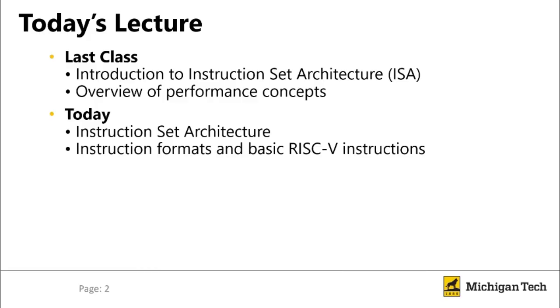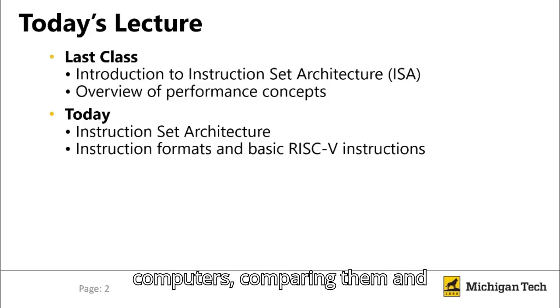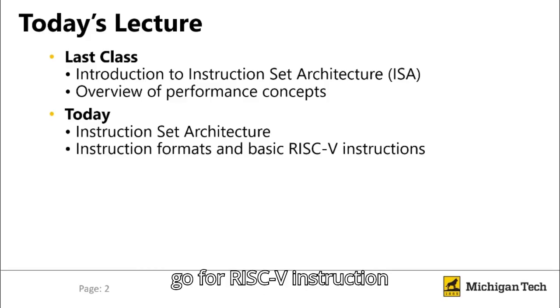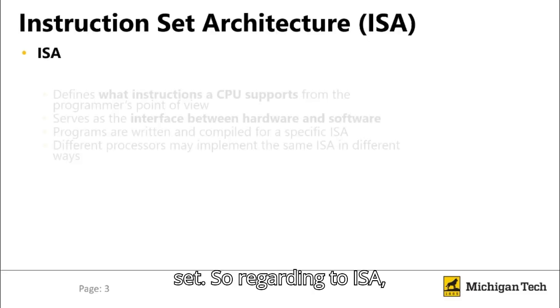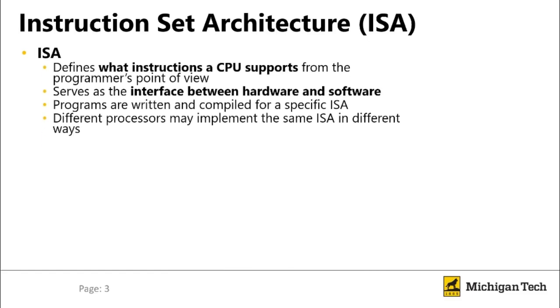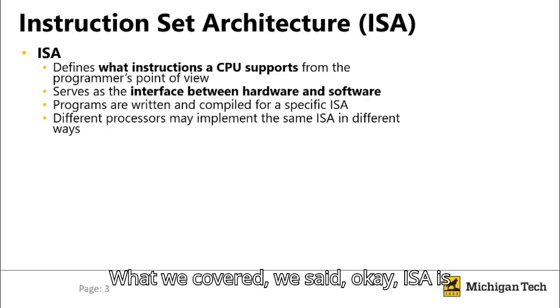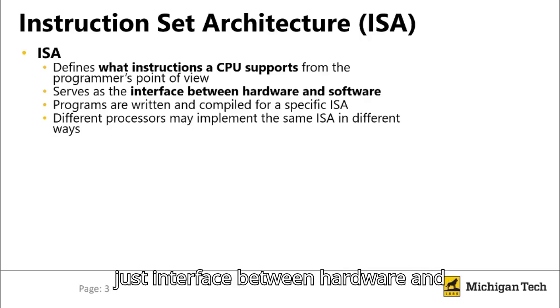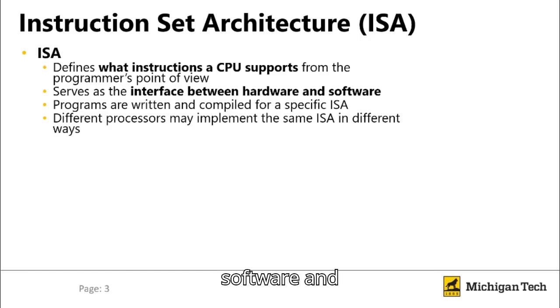Okay, so this is what we're going to talk about today: RISC computers and CISC computers, comparing them, and then going on to the RISC-V instruction set. Regarding ISA, what we covered is that ISA is just the interface between hardware and software, and it defines what kind of instructions the CPU supports, from a programming point of view, of course.